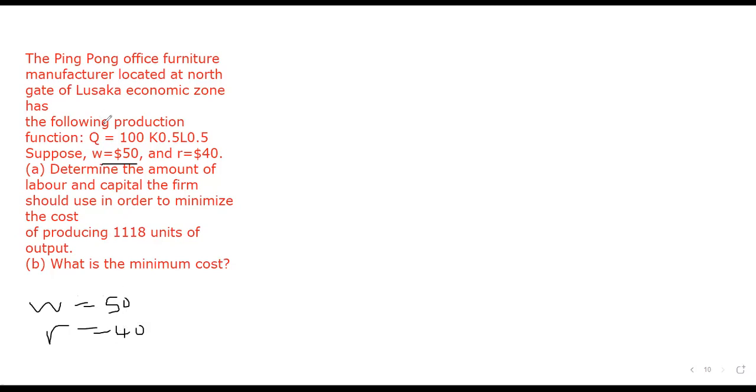So we know cost is given by wages for labor and rent for capital. So this 1118 is not the cost here, it's not a constraint. It's a function that we want to minimize. So we're going to say 50L plus 40K.